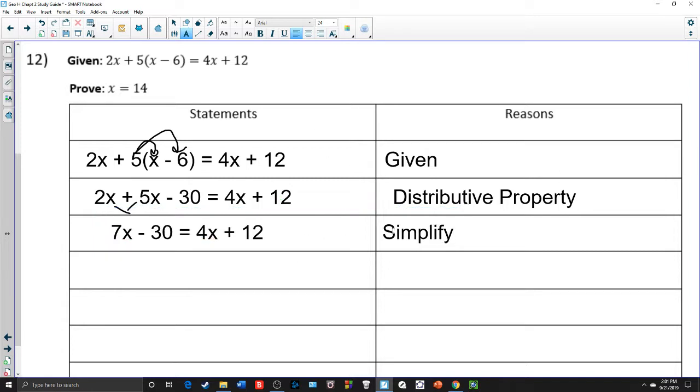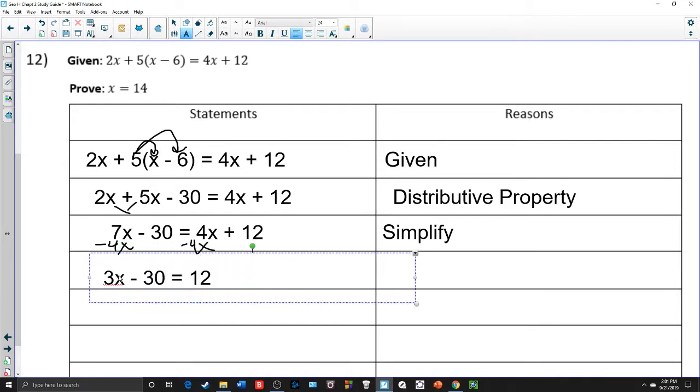Simplifying is also a perfectly valid reason to write down. So simplify or combine like terms both mean the same thing. And then for me, next, I would probably subtract 4x. Not the only way you could go about it, but that'd be the way I would do it. So I'll subtract 4x, and I would get 3x minus 30 equals 12.